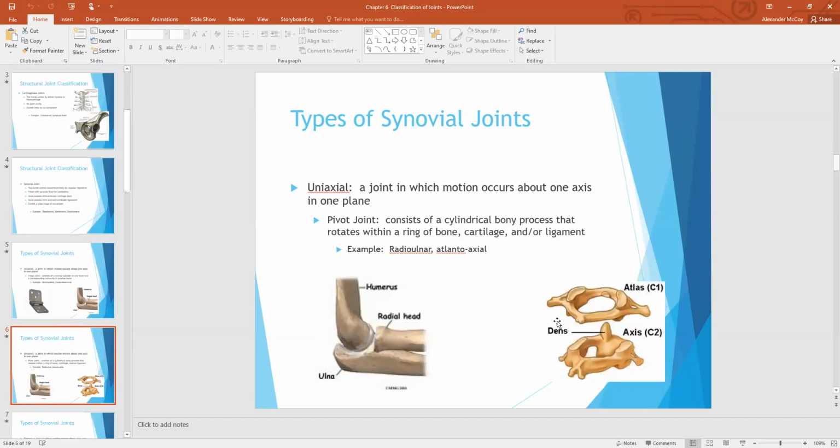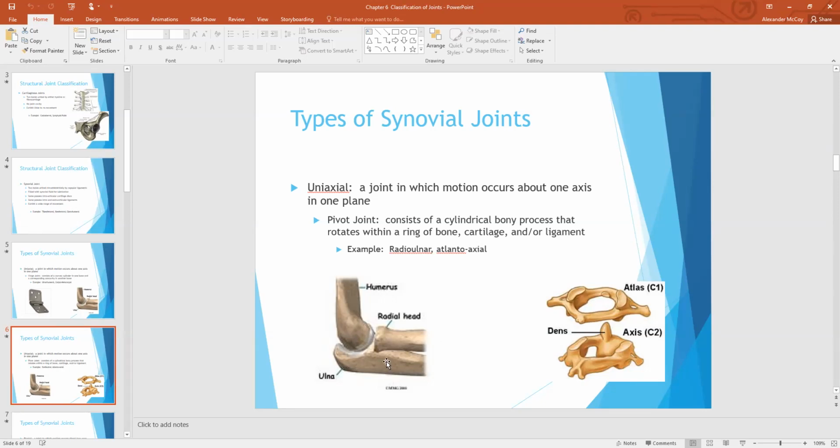Then you have another uniaxial. This has to do with the radial ulnar, so it's still in your elbow, it's just that littler bone on the outside. This joint actually has a motion that occurs around one axis and one plane, okay? So think about a pivot joint. Pivot joints consist of a cylindrical bony process that rotates within a ring of a bone, cartilage, or ligament.